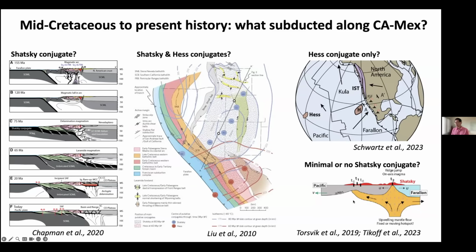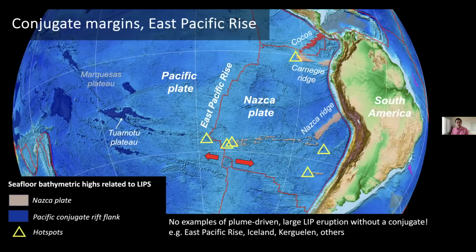And so I'd like to spend a little bit of time talking about this and showing some work on this topic. So first of all, one of the best places to look for places where we can see LIPs formed along a spreading ridge and involving a plume is the East Pacific Rise.